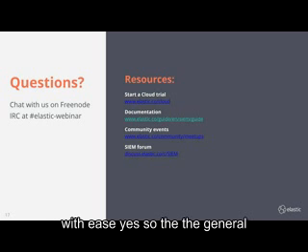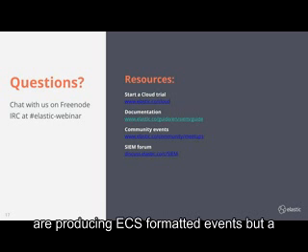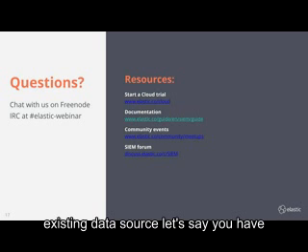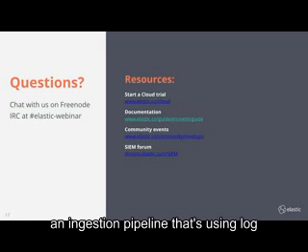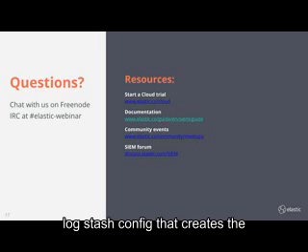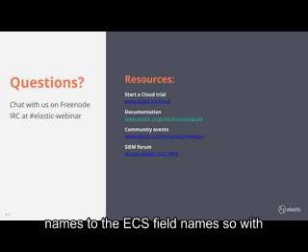So the general approach is, Andrew described earlier a lot of the ingestions that we already have that are producing ECS formatted events. But the process by which you take your existing data source, let's say you have an ingestion pipeline that's using Logstash, is a modification to the Logstash config that creates the logical mapping from your existing field names to the ECS field names.